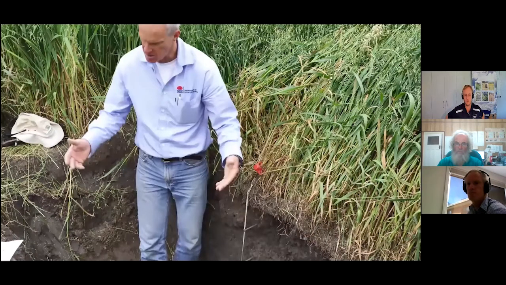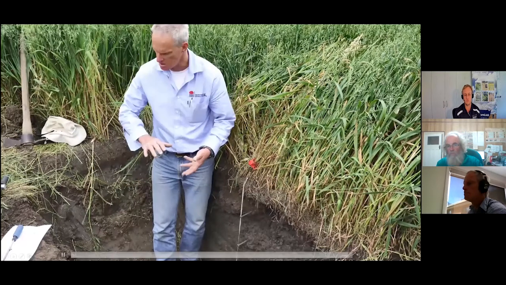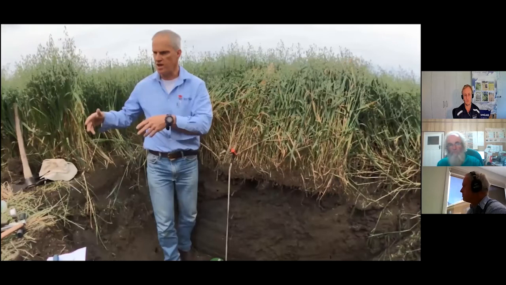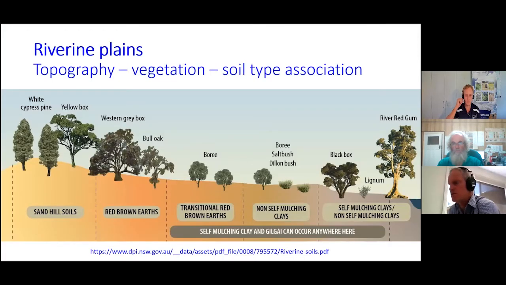Because this is a dark coloured soil anyway, we're really not getting that differentiation in the surface soil that you might get in the reds, or particularly in the sands where organic matter makes a real difference to colour.